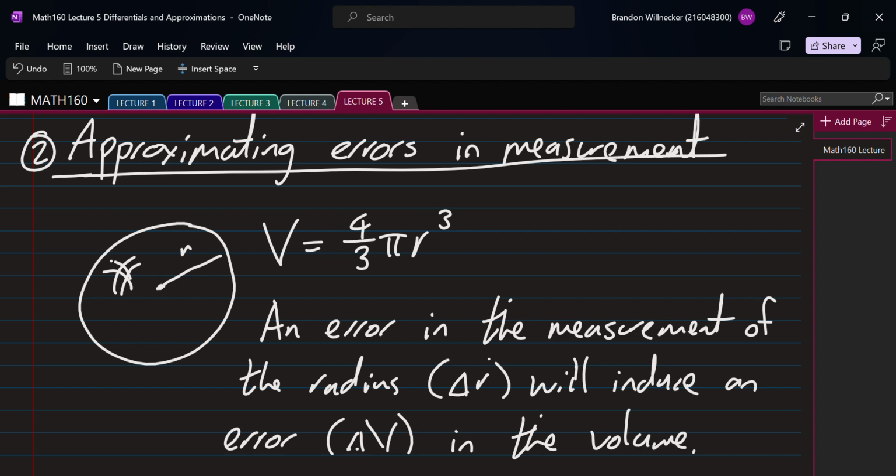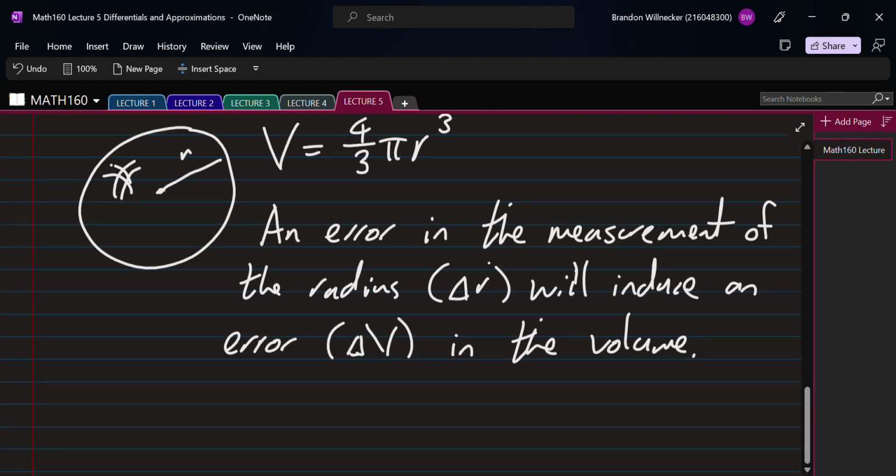If we can't measure the radius exactly, then our volume will also be slightly off. So what we want to do is find out how the error in the volume is affected by this error in the radius. And to do that, we use, again, differentials.